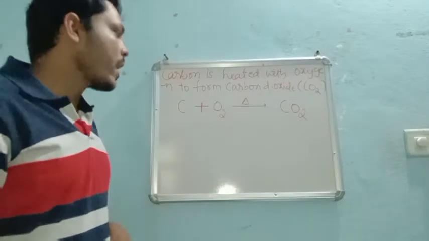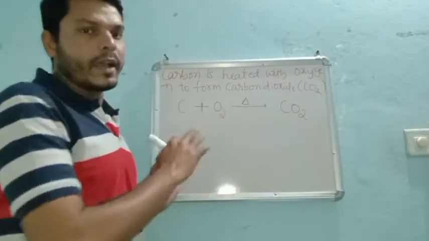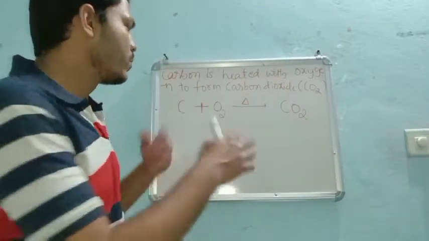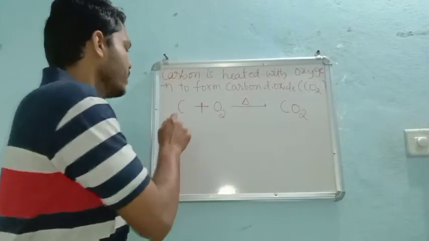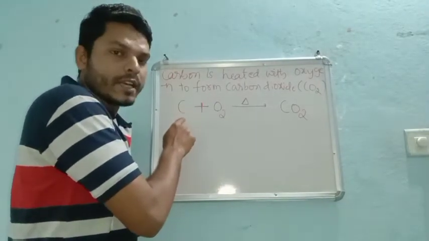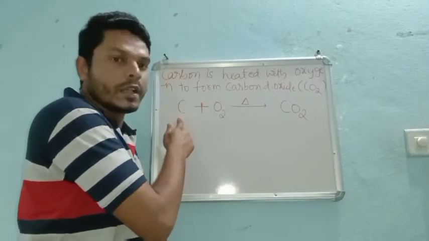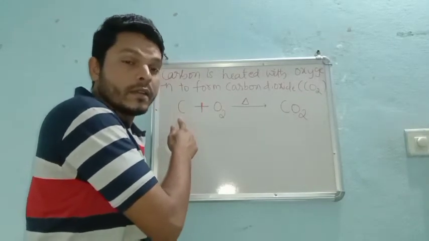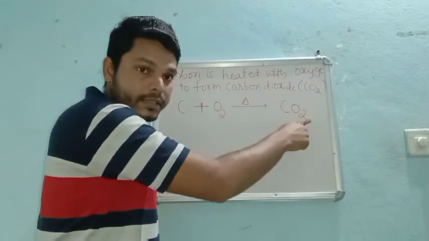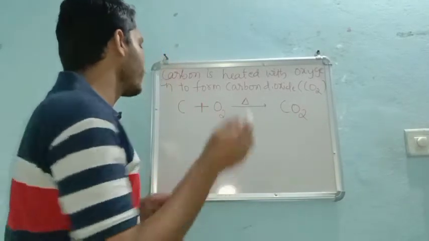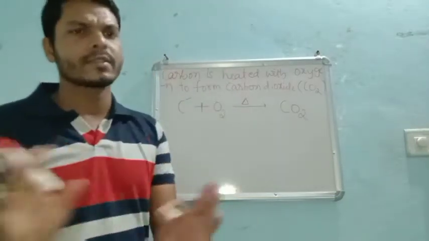Check both sides, reactant side on the left and product side on the right. How many carbons are present at the reactant side? 1 carbon. Now check the number of carbons at the product side. Only 1 carbon. That means carbon is balanced. No need to balance the carbon.